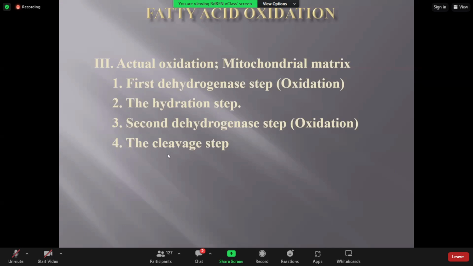And finally, the chain will be clipped to release two carbon as acetyl coenzyme A from the chain of the fatty acyl coenzyme A.